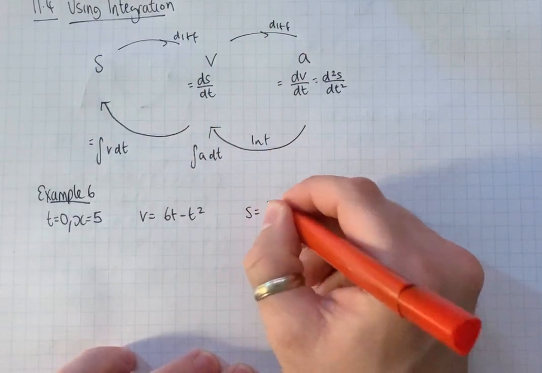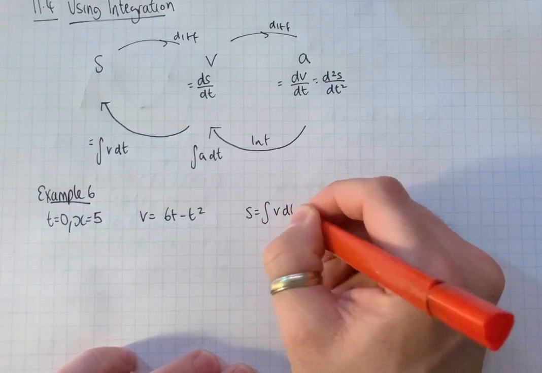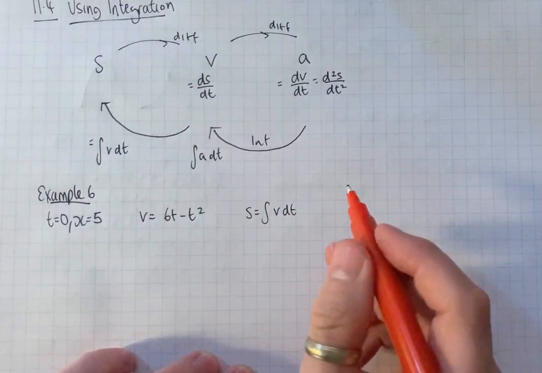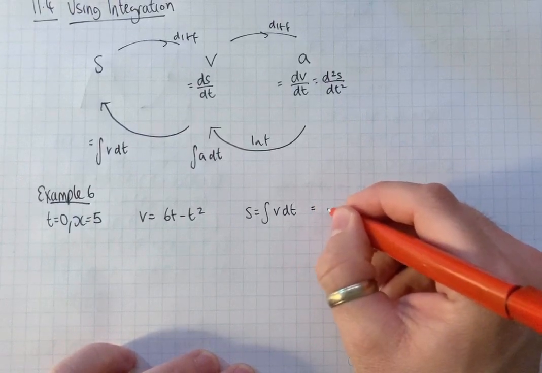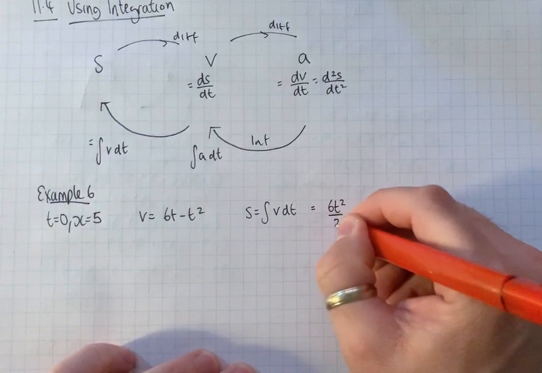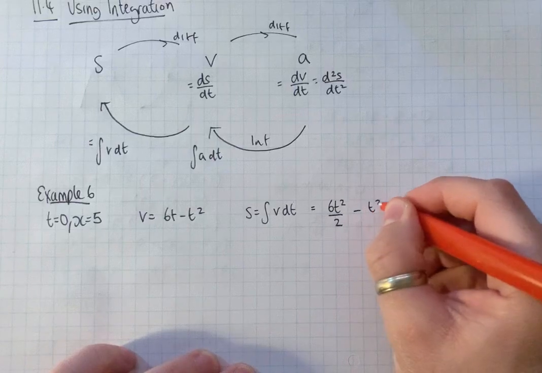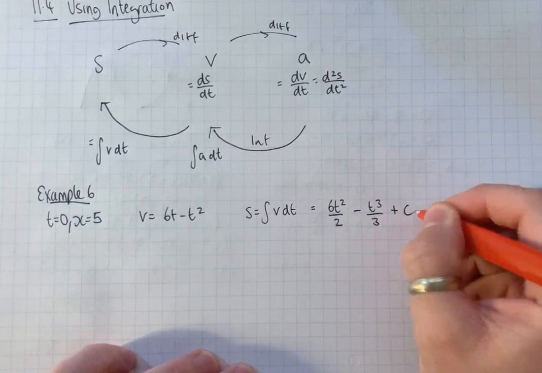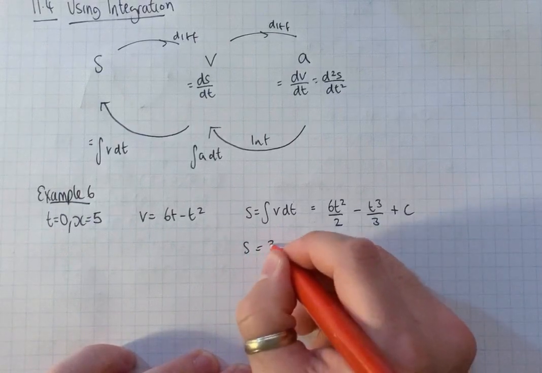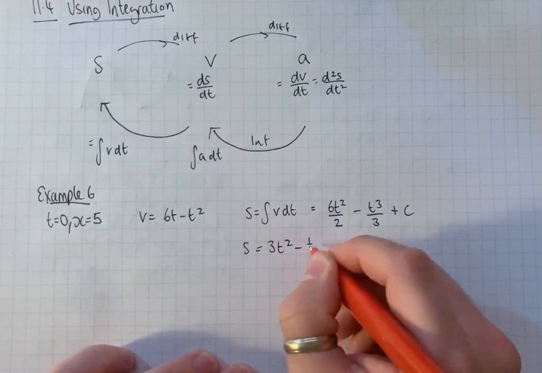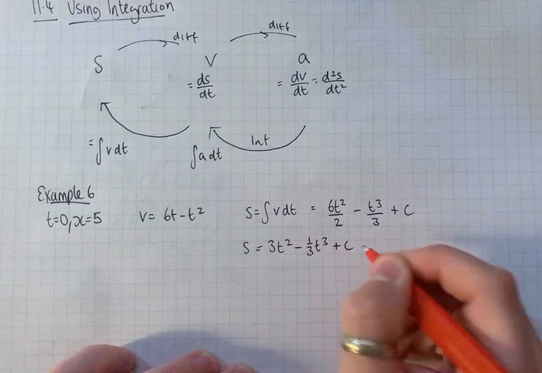So s is the integral of v with respect to time. Now remember, when you integrate, you raise the power and divide by the new power. So that's going to be 6t squared over 2 minus t cubed over 3 plus the constant of integration. So let's just tidy that up a little bit. So that's 3t squared minus a third t cubed plus c.